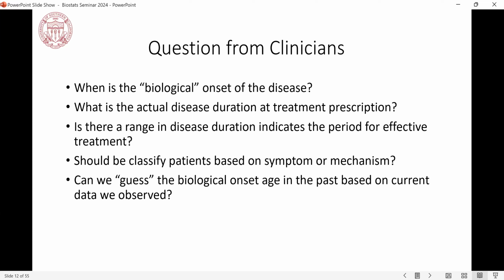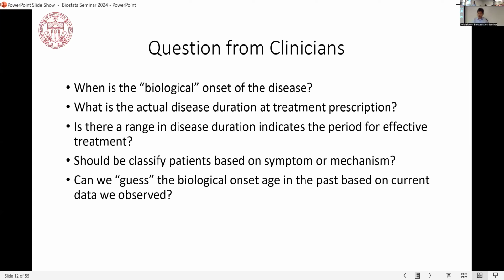Is it a fresh disease, or has it been there for a long time, an old disease? Then, is there a range of disease duration that indicates the period for effective treatment? Should we classify patients based on the symptom or the mechanism?